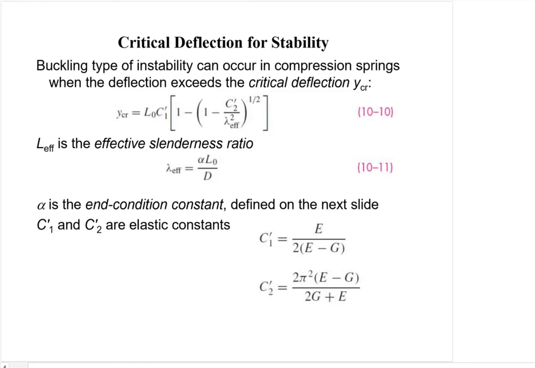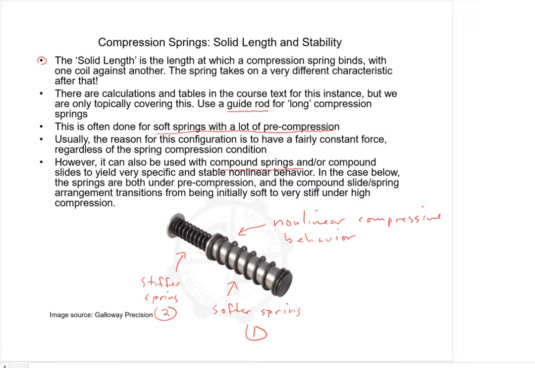Critical deflection for stability. When we talk about critical deflection for stability, we're really talking about a buckling type of instability. Again, in the previous slide, you can combat that with a guide rod.